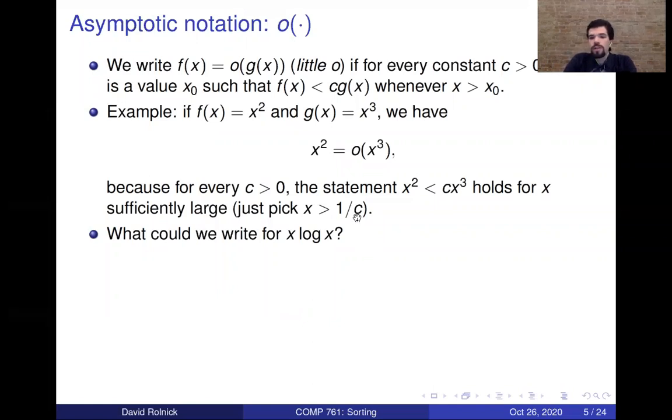So there are several options. We could, for example, say x log x is little o of x squared. We could also write little o of x squared log x. Anything that is asymptotically strictly bigger than x log x. So think of big O as asymptotically less than or equal to, and little o as asymptotically strictly less than.